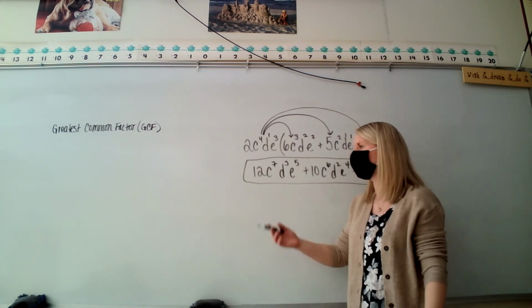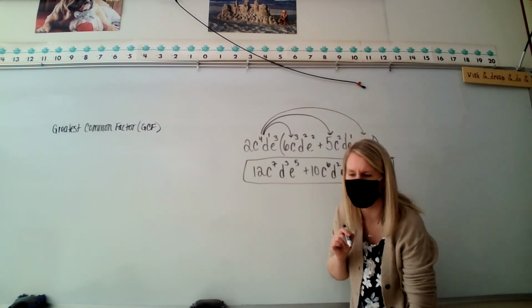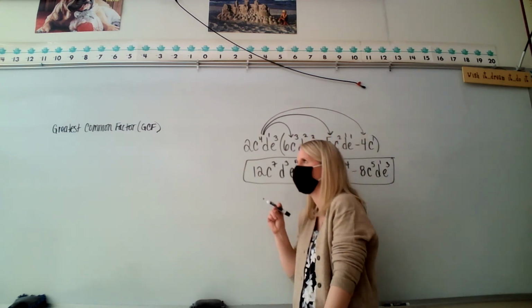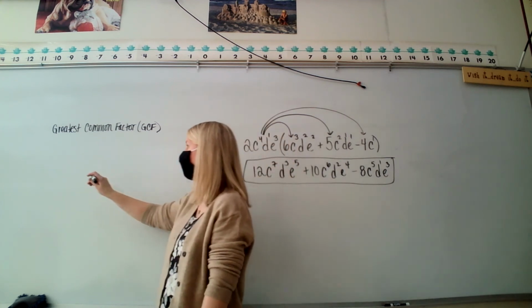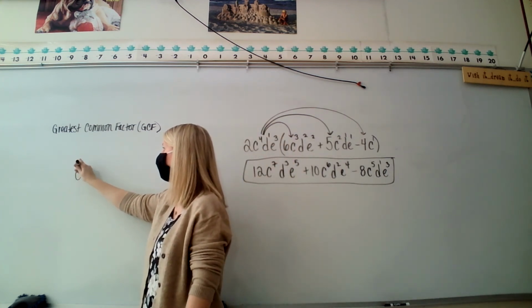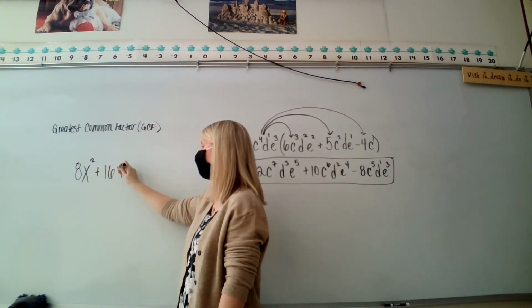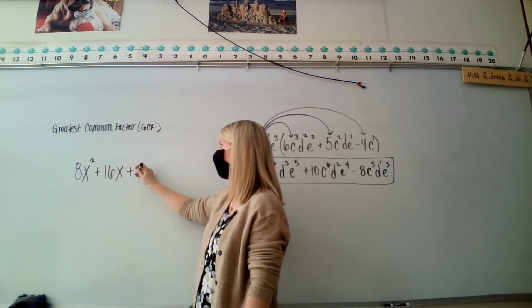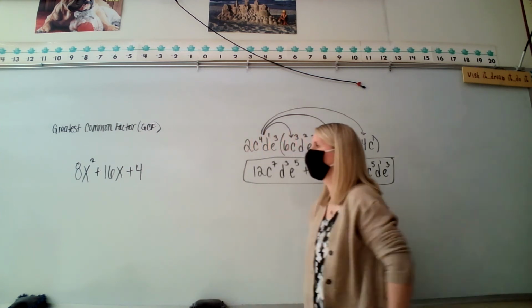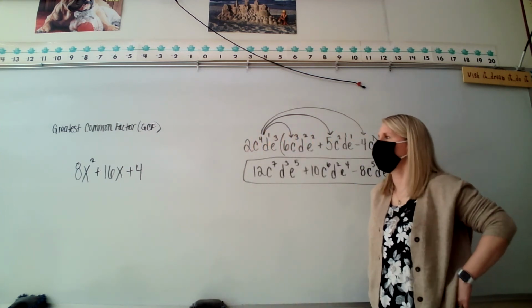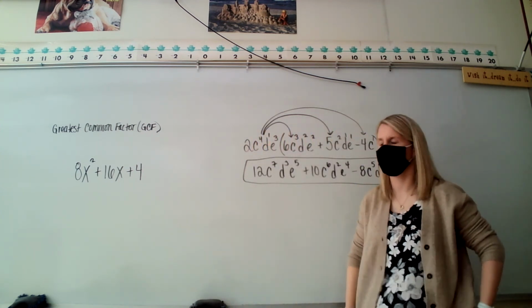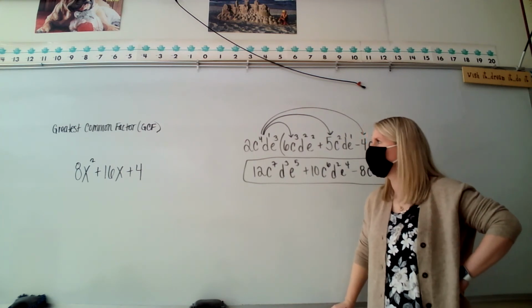So let's see what an actual problem looks like. Let me give you some nice numbers here. Let's do 8x squared plus 16x plus 4. Hey everyone, what is the greatest common factor?